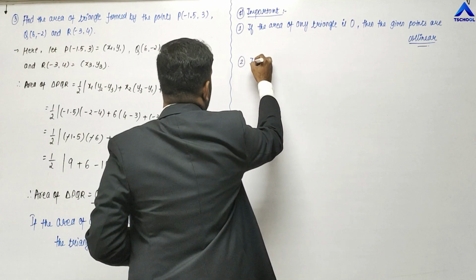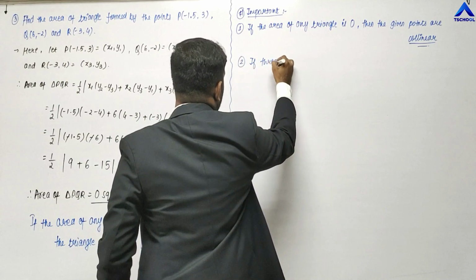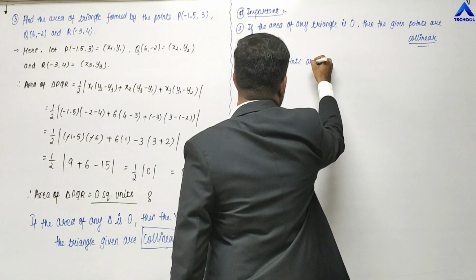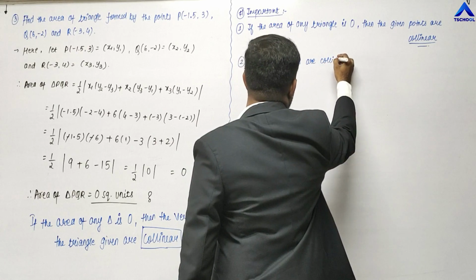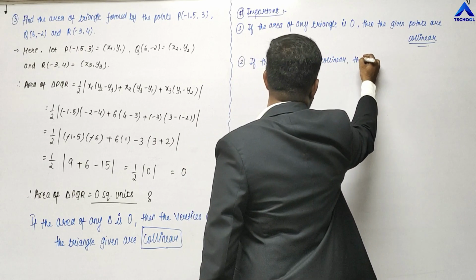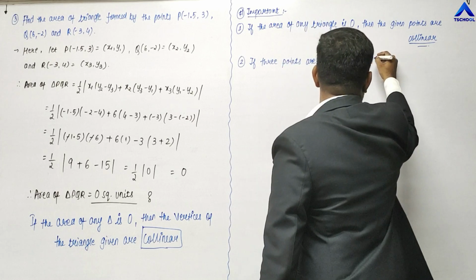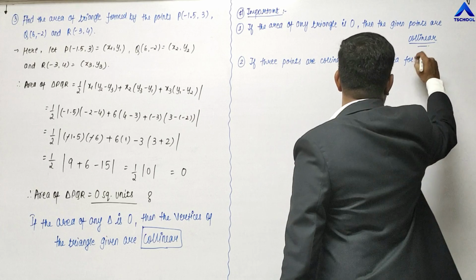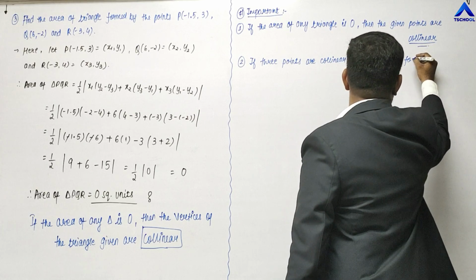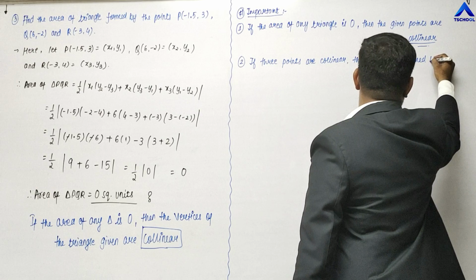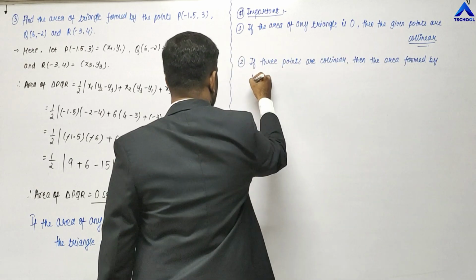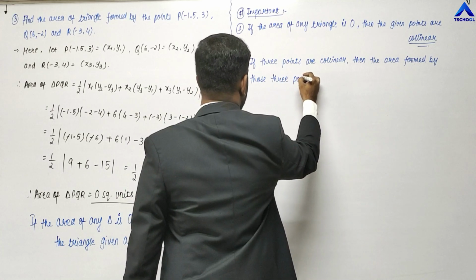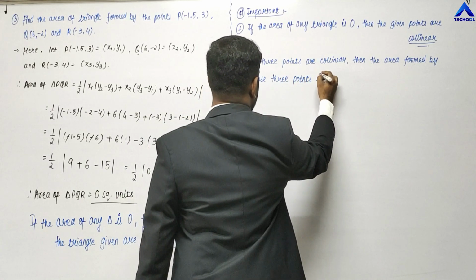And second, if 3 points are collinear, then the area formed by those 3 points is 0.